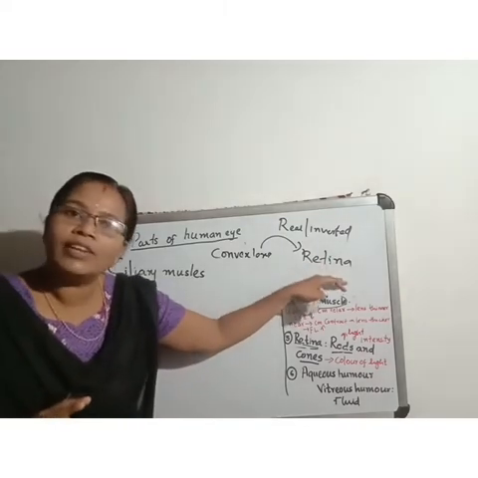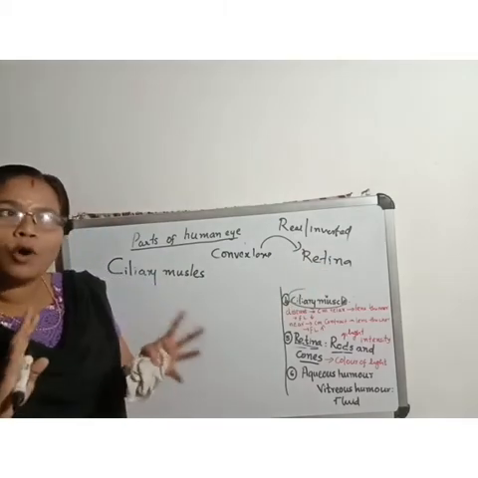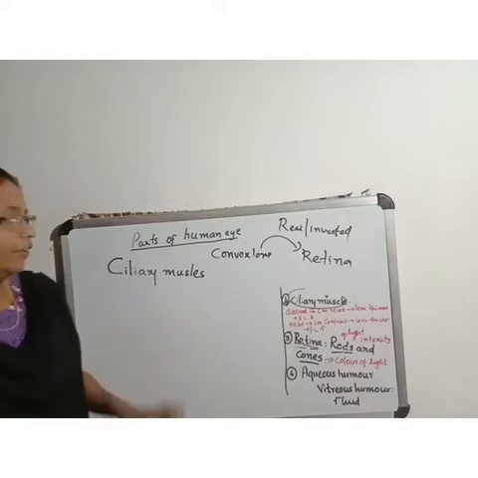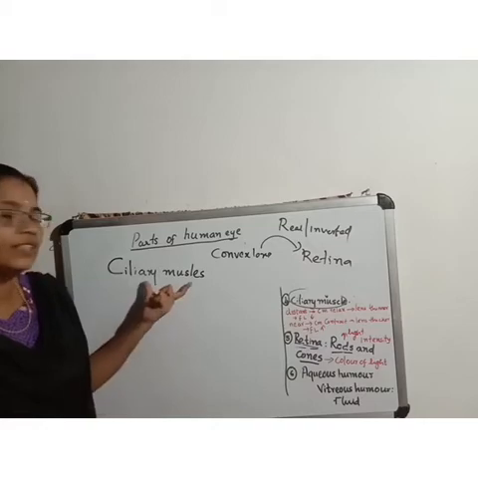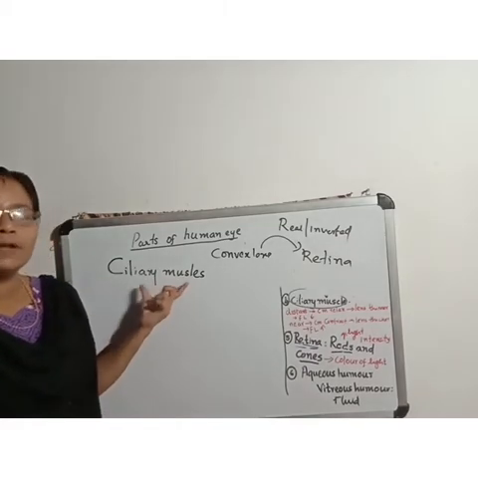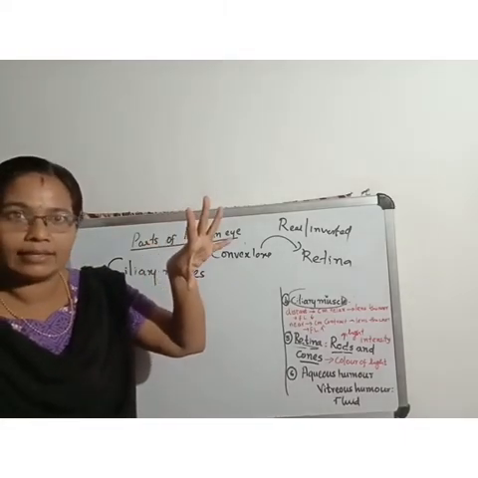Then only we will get the image on the same retina. This changing of the focal length is done with the help of the mechanism of the ciliary muscles, that is, their contraction and relaxation.